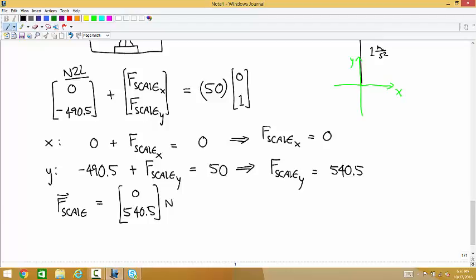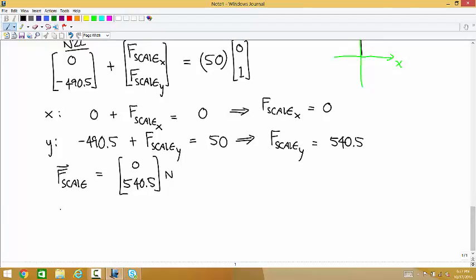Yep. So if it was accelerating down, it would be negative, so that's 0, negative? Yeah, so that's what I want you to do now. Let's just do the same thing again. So now the elevator is accelerating downwards at 1 meter per second squared.